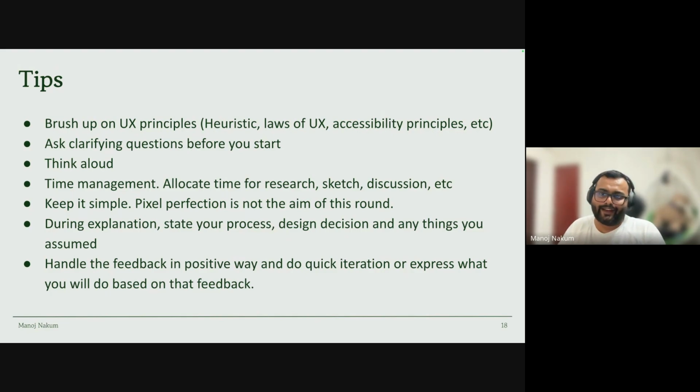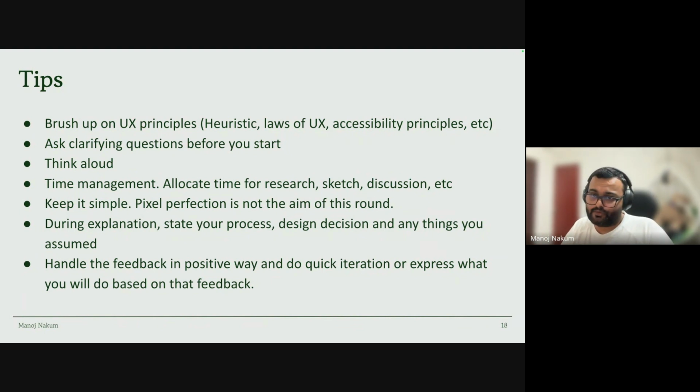Again, handle the feedback in a positive way. If it is an iterative round, they will give you feedback that this is not working, this is not working. When they are giving feedback, it doesn't mean you take it as it is. Then you ask, because sometimes the feedback may be that I don't like the UI, or not the UI, but I don't like the structure. Then you ask them what exactly you are not liking. Is it not solving your problem?